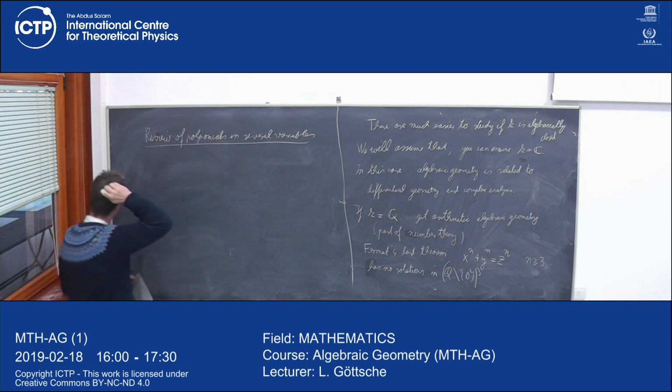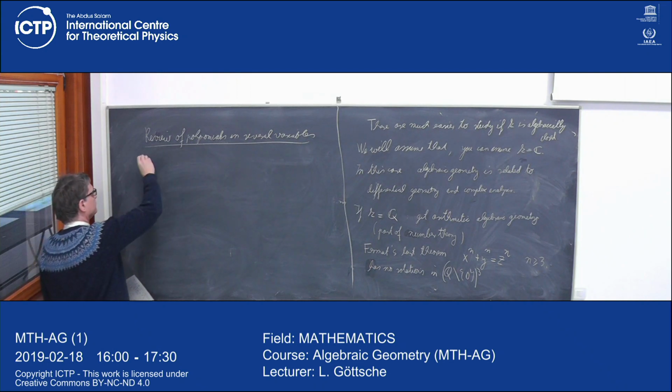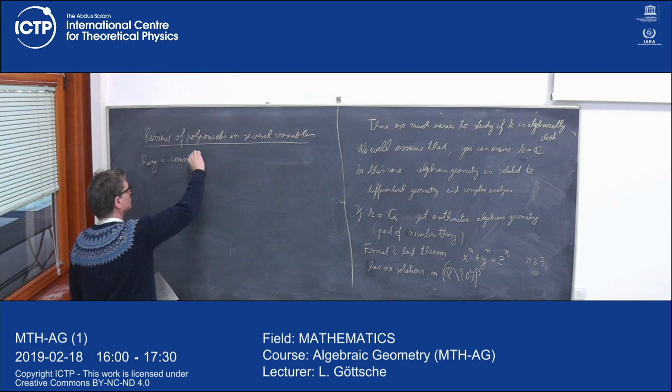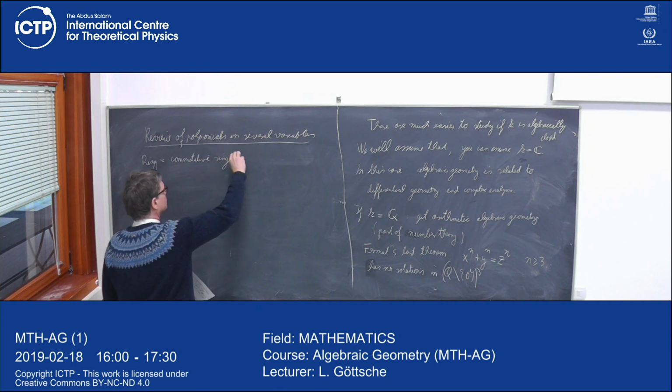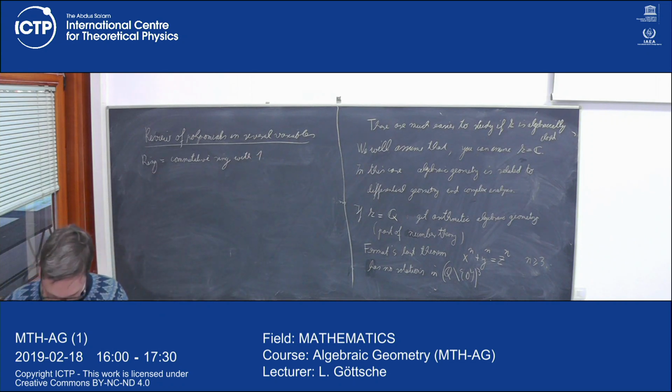So for me, as we had it in the algebra course, when I say a ring, it means for me a commutative ring with 1, because I don't consider other rings.